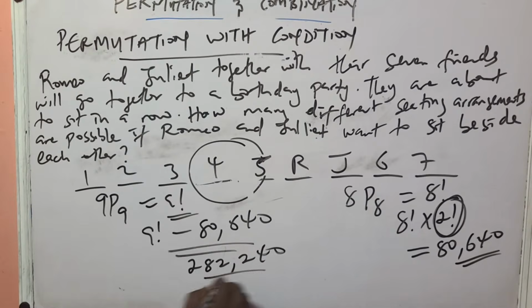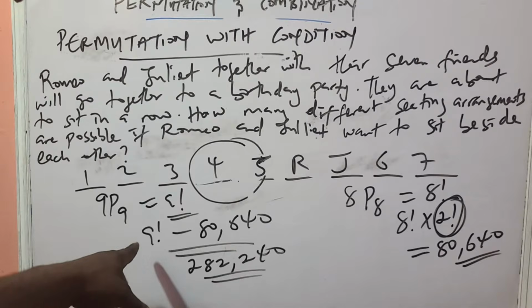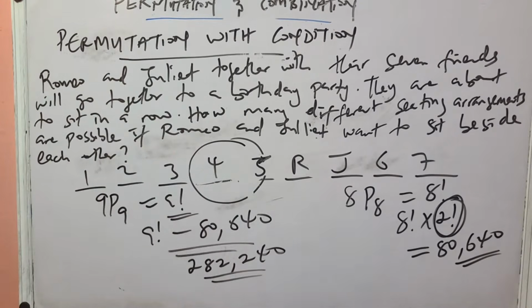How many of you were able to flow with what I just said? Like we have 9 factorial. This 9 factorial is just you arranging the 9 different objects, right? We're arranging the whole 9. We're not caring if they are sitting near each other or not. Inside this 9 factorial, there are cases where they will sit near each other, and there are also cases where they will not sit near each other.